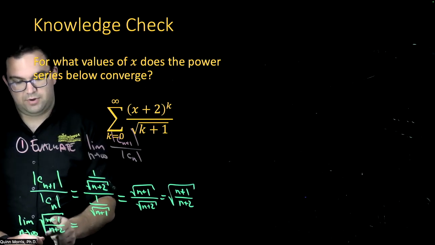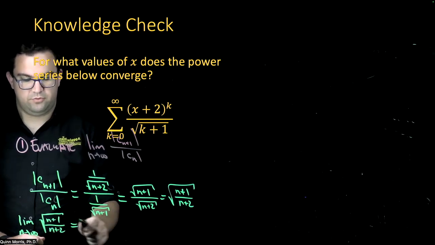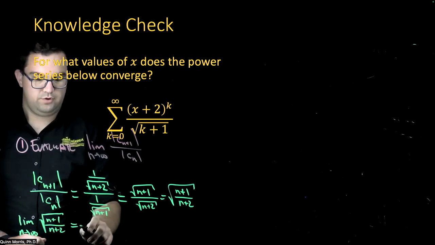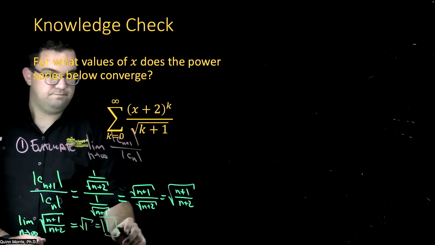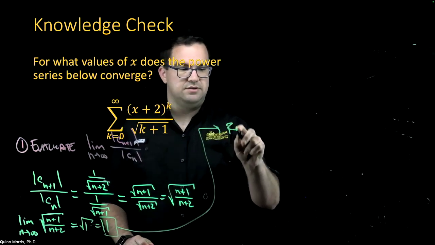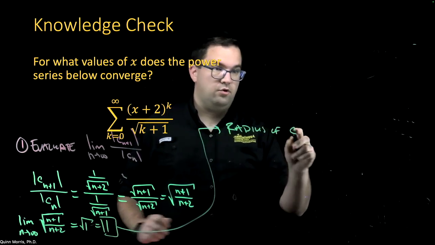This is a rational expression with the same highest powers, and the leading coefficients are both 1. So the inside goes to 1, and then I'm taking a square root, so I get the square root of 1, which is just 1. Okay. So what does this limit tell me? This tells me that my radius of convergence is 1 over 1, or 1.